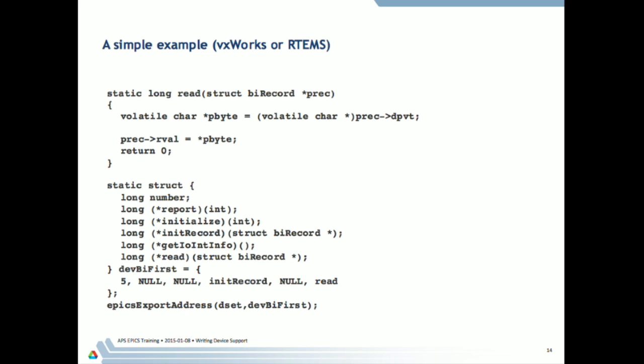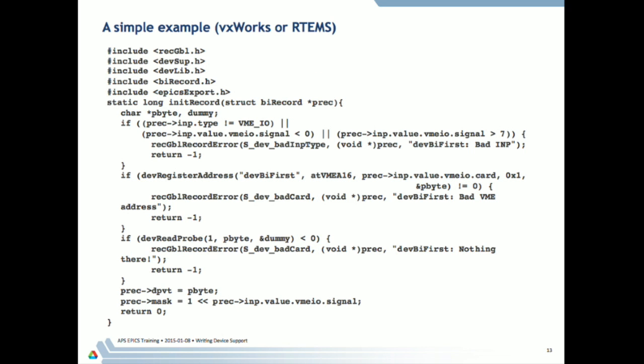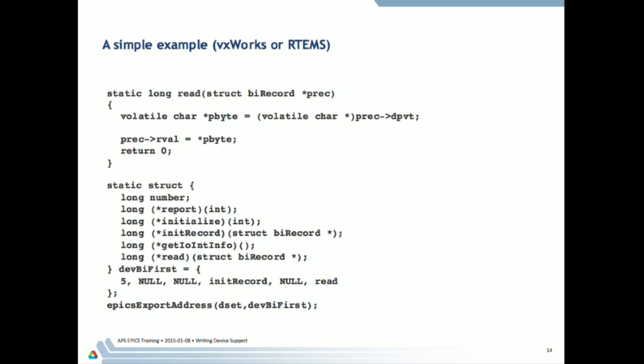We're not supporting I/O interrupts here, so our get IO int info function is also null, but we do have a read function. Notice this read function is static. That's a rather generic name. The init record function here is static too. So for those routines, we can use almost any name that we like.